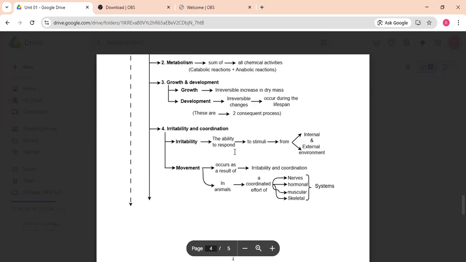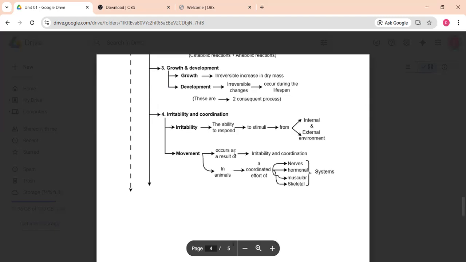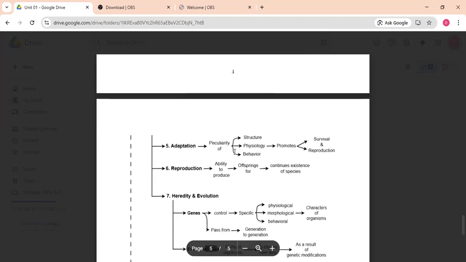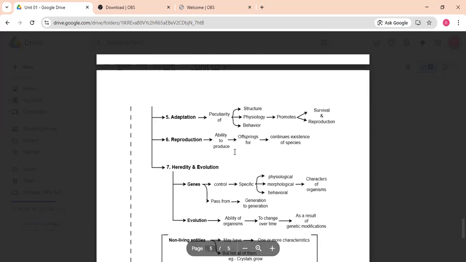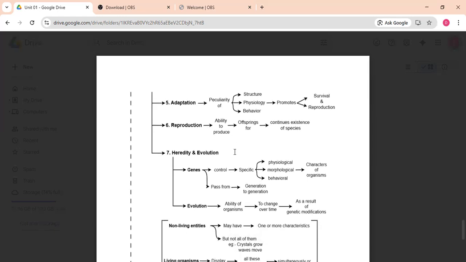Then irritability and coordination. Irritability is the ability to respond to stimuli from the internal and external environment. Movement occurs as a result of irritability and coordination. In animals, it's a coordinated effort of the nervous, hormonal, muscular and skeletal systems. Then adaptation is the peculiarity of structure, physiology and behavior that promotes survival and reproduction.